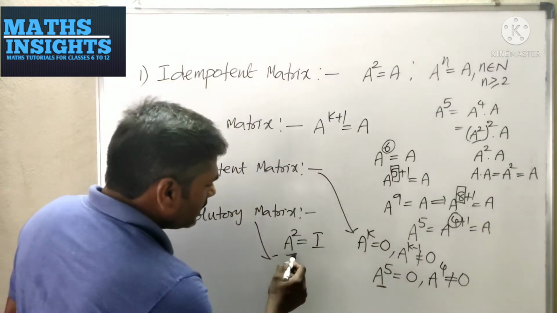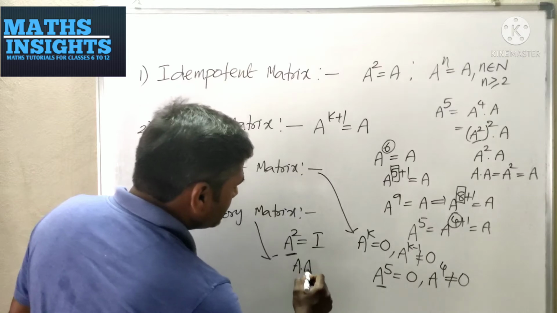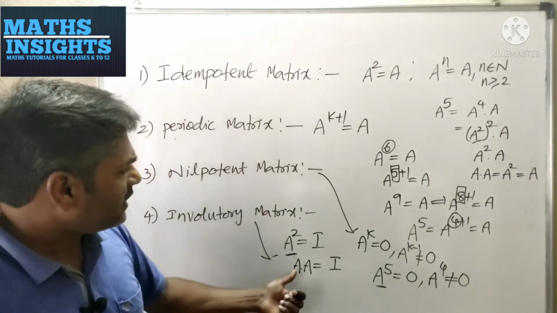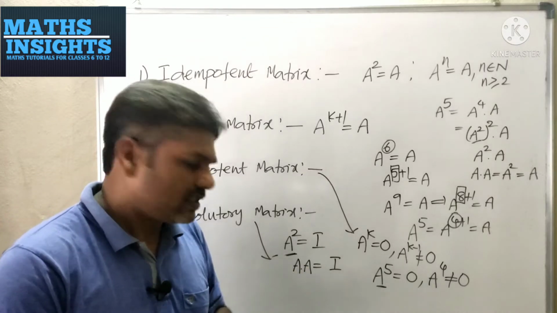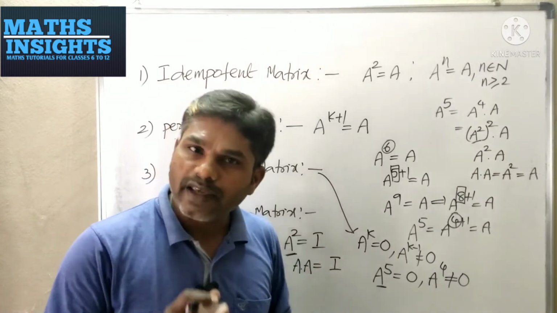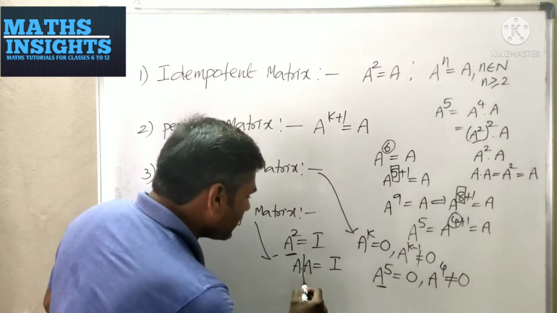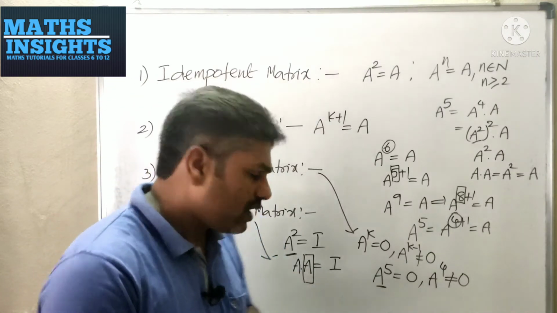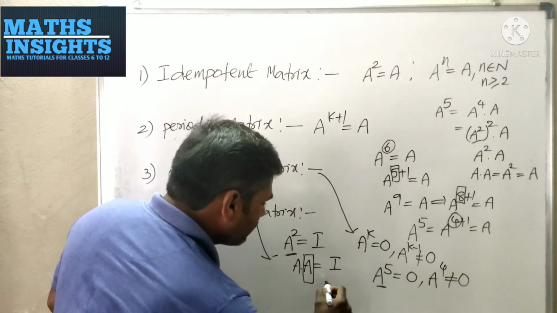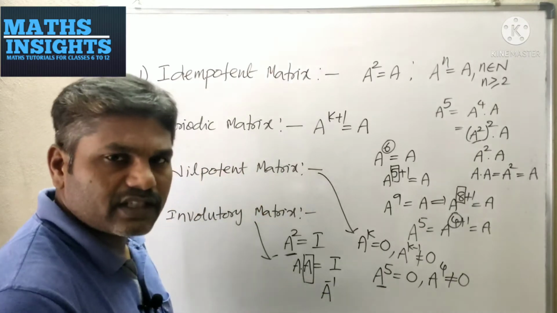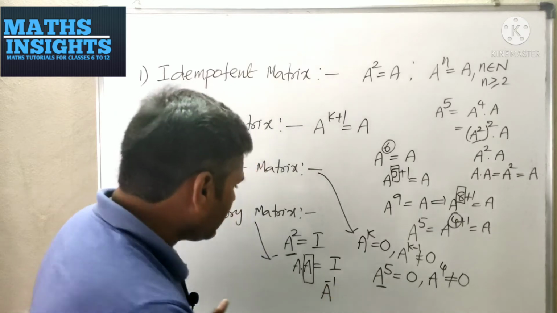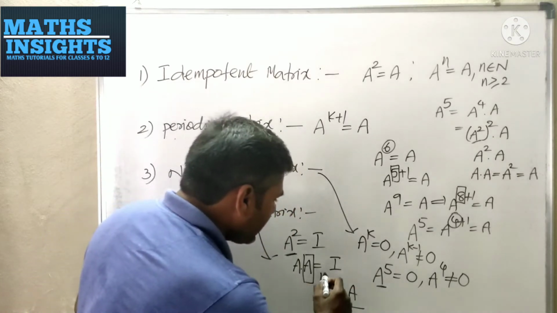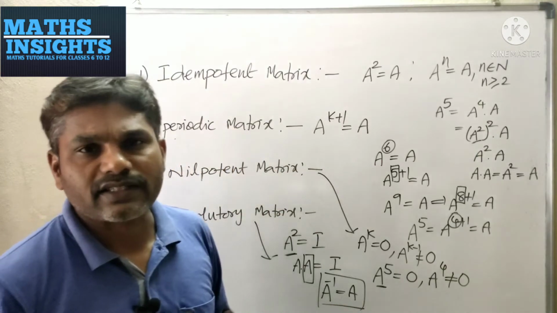In this case, A square means it can be written as A into A. Whenever a matrix is multiplied with another matrix, if the result is I, then the second matrix is said to be inverse of the first matrix. So inverse of A is A inverse. If that is equal to A, then this A is said to be involutory matrix.